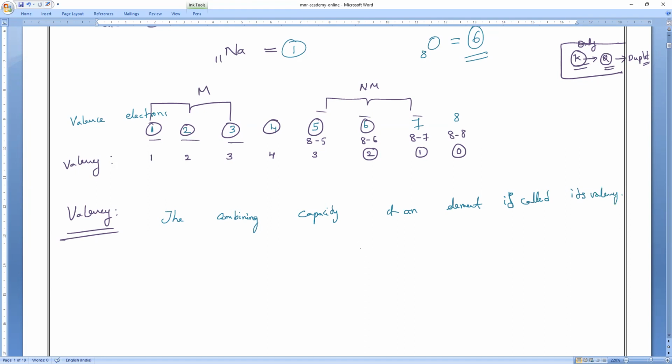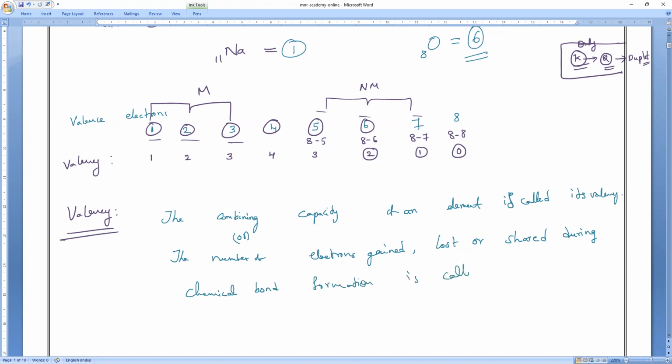Or you can write a more simplified one: the number of electrons gained, lost or shared during chemical bond formation is called the valency of the element. This is the scientific definition.